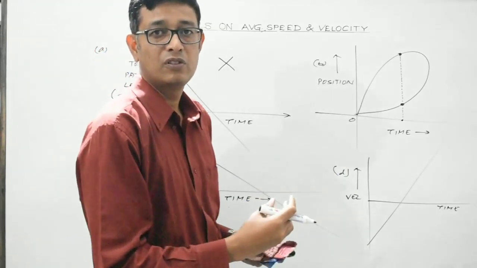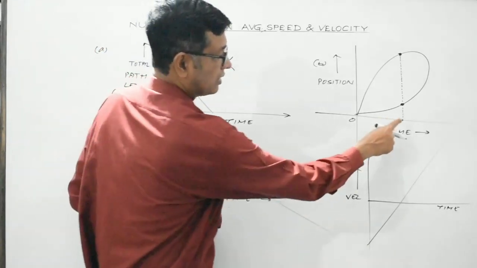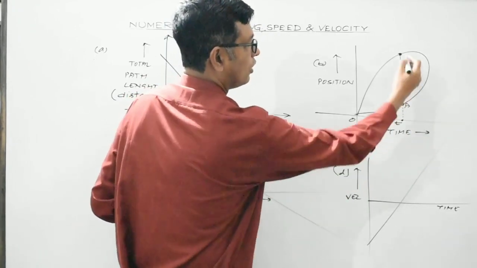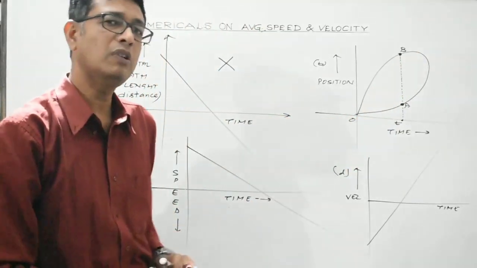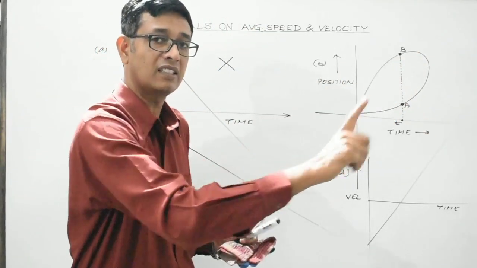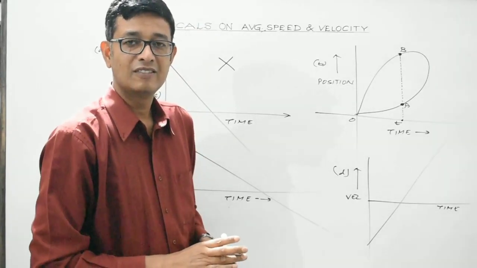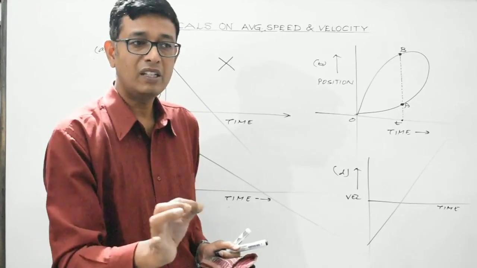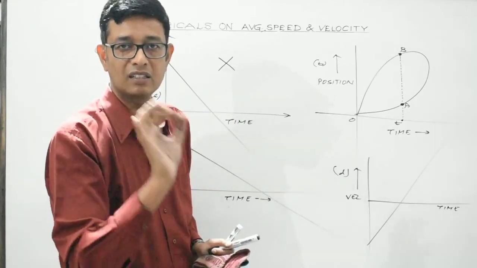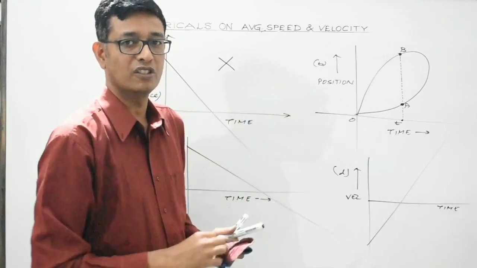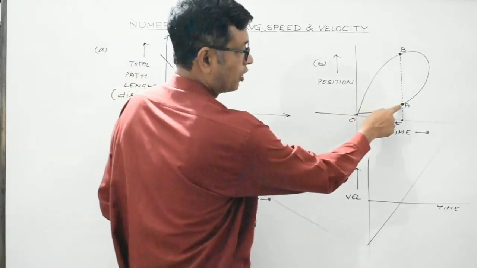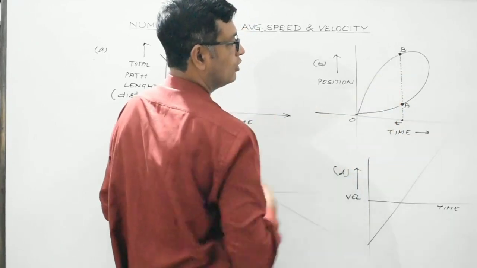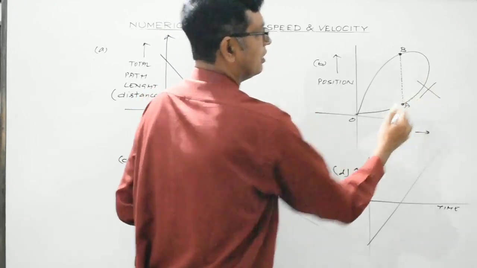Just try to understand the graph, right? At the same time, at instant t, the body is at this position also and at this position also. Is it possible for a body to be at two different positions at the same instant of time? Obviously, it is not possible. A body can be at a unique position at a given time. It can't be at two different positions. So since a body at a given time can't be at two different positions, this graph is never feasible.